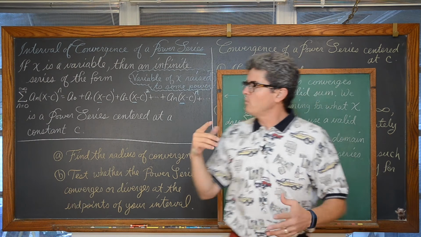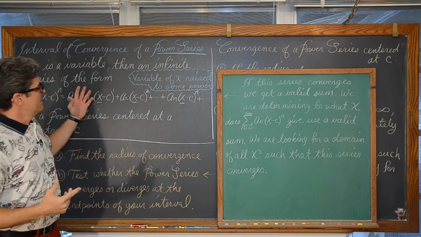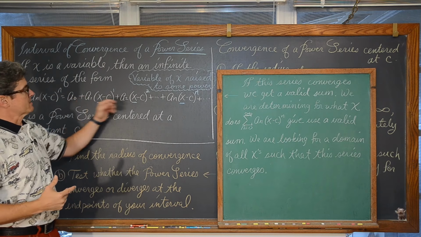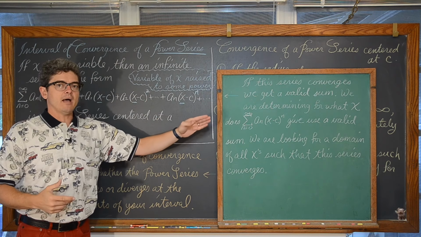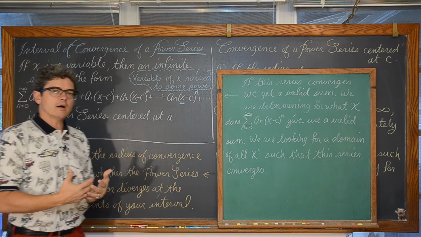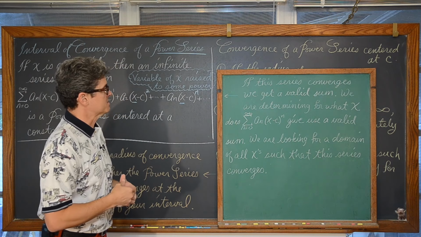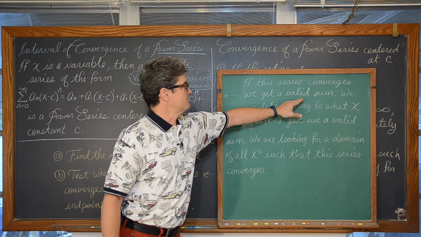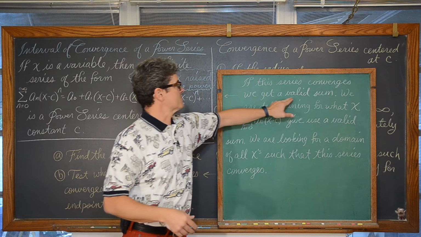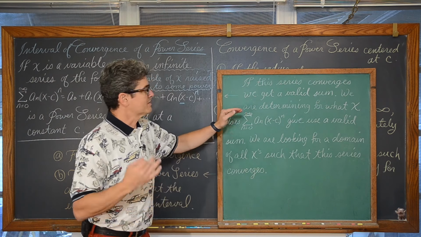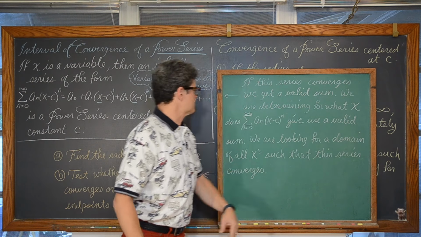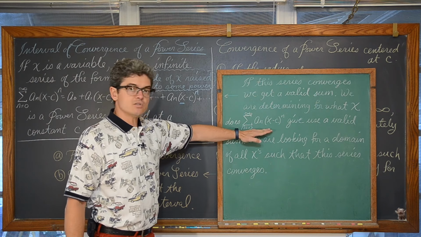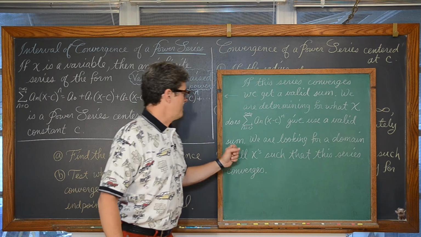By the way, you can notice when you see an expanded series like this, if you have a variable x raised to some power, that's when you can identify, okay, that is a power series. This series converges, like I just said a second ago, if this series converges, we get a valid sum. We are determining for what values of x does that summation give us a valid sum.